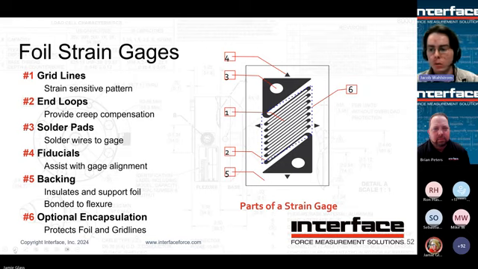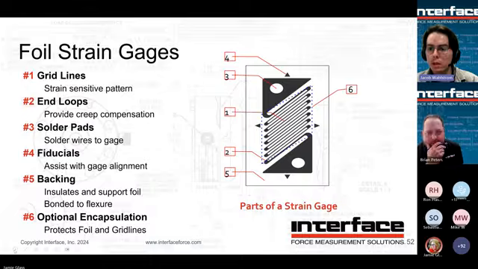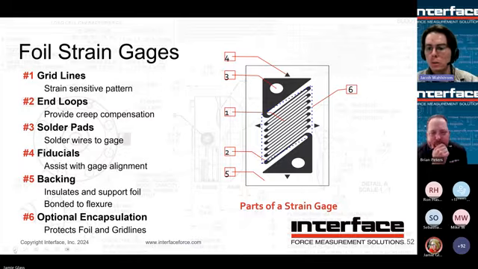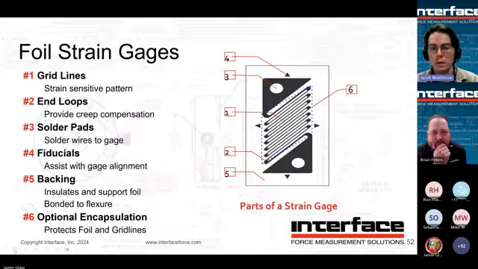So here's a strain gauge up close. The grid lines are those thin lines going across the gauge. End loops are the thicker sections at the end of the grid lines. The solder pads are what you make your connections with. The fiducials can look different for different types of gauges, but they help you align your strain gauge, which is very, very important.